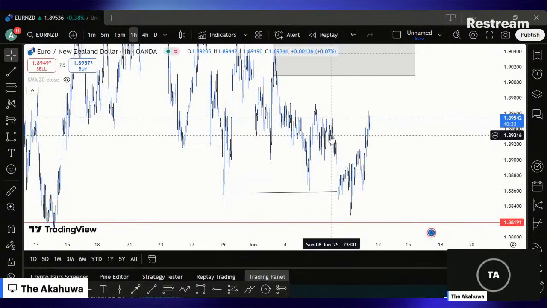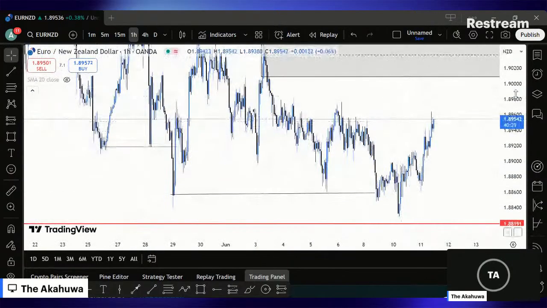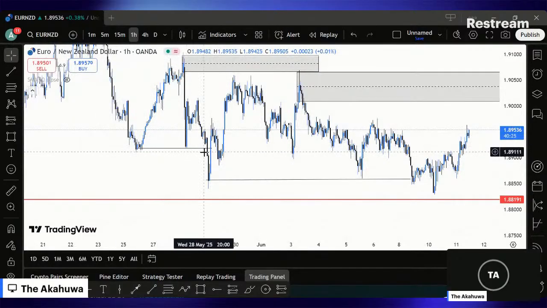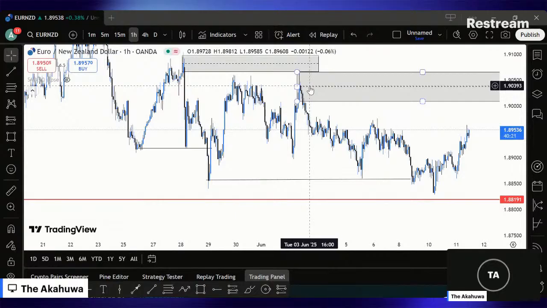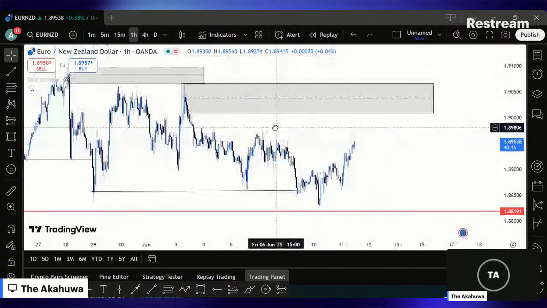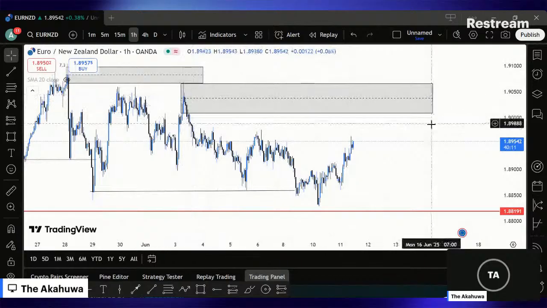So don't be deceived by this to say this is where the break of structure happened. When you consider break of structure, see this, and this is the last. Any point that initiated the push towards breaking that structure to the downside, that's what you use, and it is this level here.